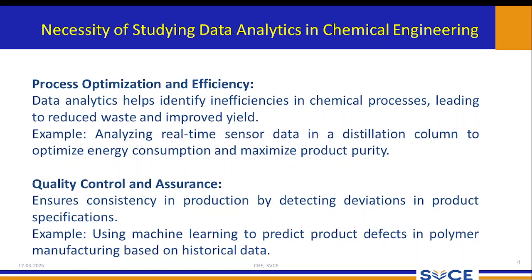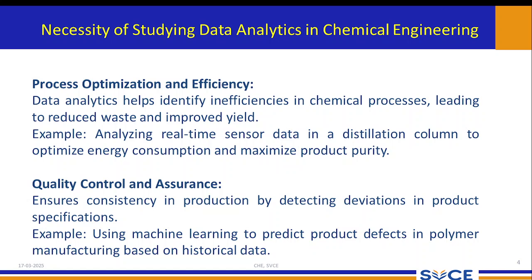Then we consider the process to be optimized. So process optimization and efficiency is very important, and we need to fix at what independent data this is achieved. Here they have given an example: analyzing the real-time sensor data in a distillation column to optimize energy consumption and maximize the product quality.